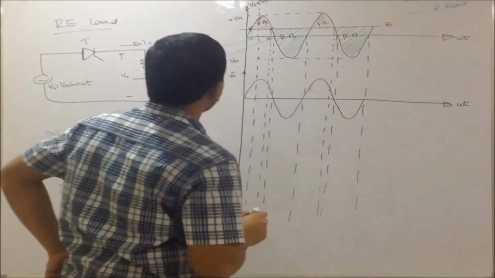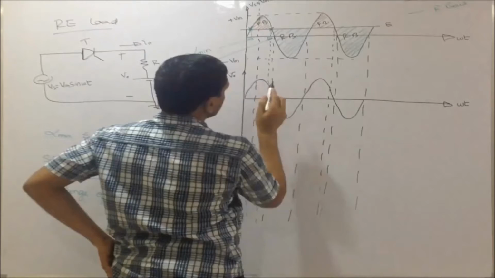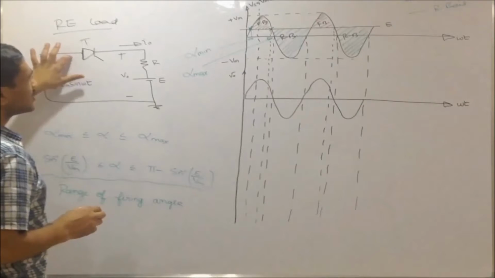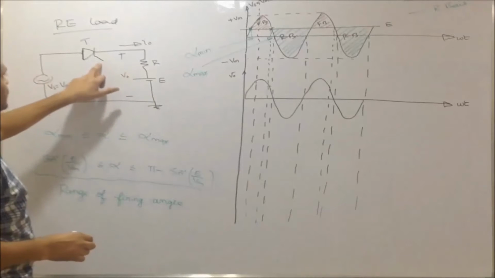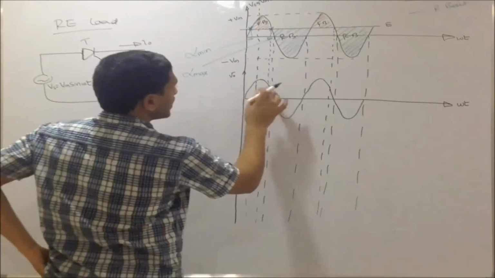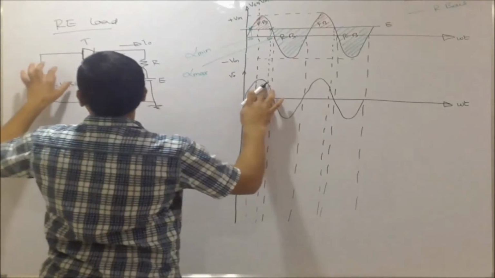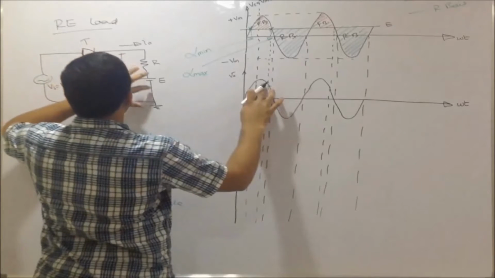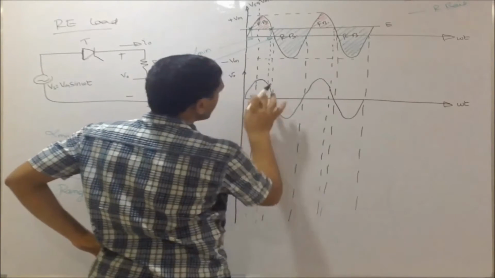Now we will see how the output waveform looks. I have fired at this point, so it starts conduction up to this point. Here, the voltage at the anode becomes E at this point, and at the cathode it is E. At alpha max, my voltage at the anode is Vm sine alpha max, which is E, and at the cathode also it is E. So SCR conduction is up to this point only.